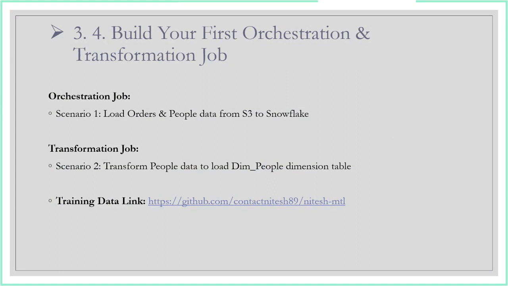You might have the data in your MySQL database, in your RDS database, in your Couchbase database, on an API endpoint, or you might have some files to be loaded from S3. These are all external sources for me. So if you have any data which is outside of Snowflake and Matillion and you want to bring it to Snowflake, you should create an orchestration job.